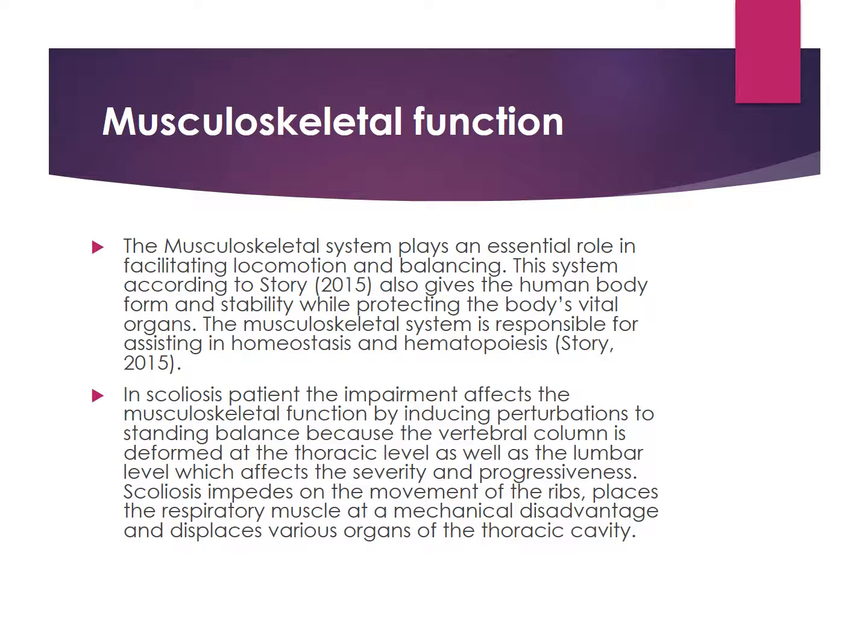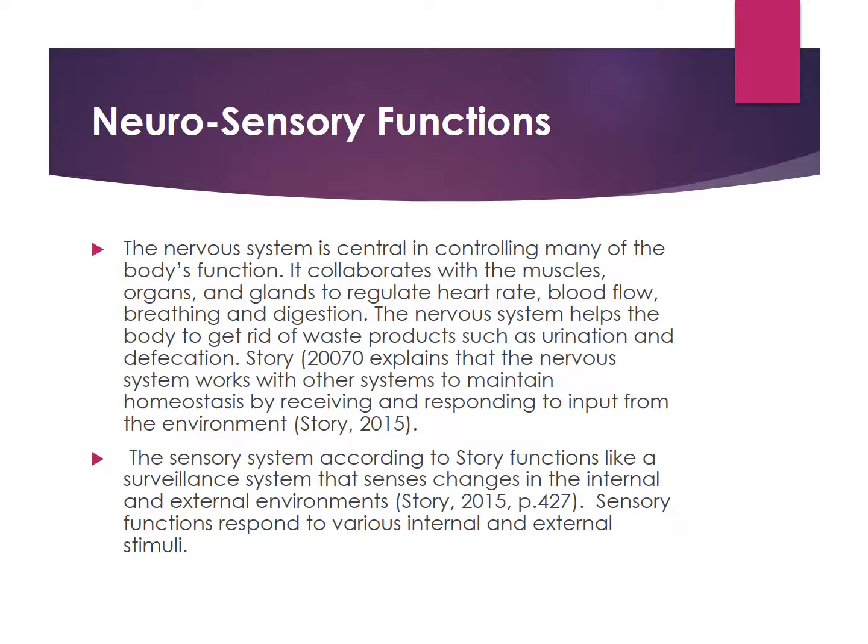Scoliosis impedes the movement of the ribs, places the respiratory muscles at a mechanical disadvantage, and displaces various organs of the thoracic cavity. The neurosensory function is seen to be experiencing deficits from this disorder as well.